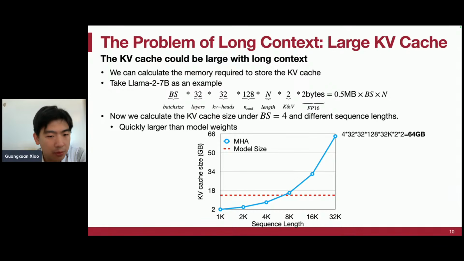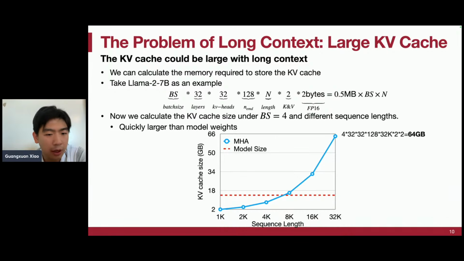The KV cache size equals batch size multiplied by number of layers, multiplied by number of KV heads, multiplied by the hidden dimension per head, multiplied by the sequence length. And since you need to store both keys and values, multiply by another 2. If you don't do any quantization and store them in 16-bit floating point numbers, that's 2 bytes per number. So in total, it will be half a megabyte per token.